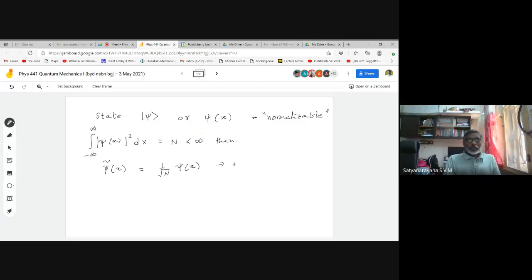So this is basically the normalized wave function. Now the integral of psi tilde of x modulus square dx from minus infinity to infinity is equal to 1.